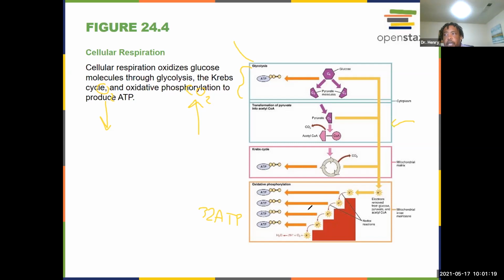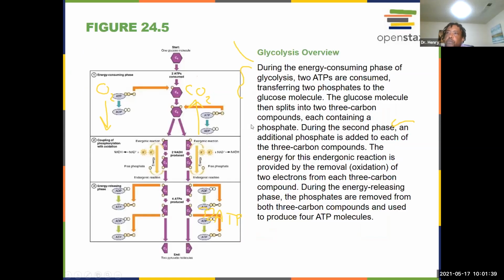During your Krebs cycle, you're going to be generating the electrons that are going to be used to make your ATP. It's going to go through a redox reaction to make your ATP. Okay, are you with me so far? Yes. Okay.